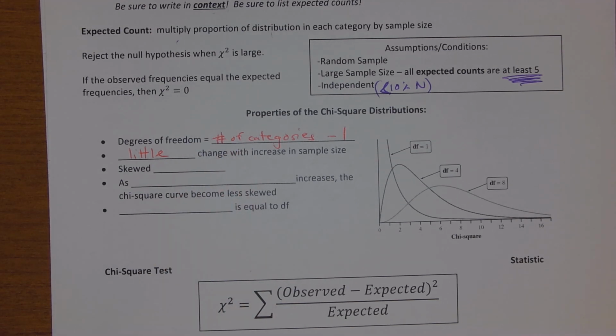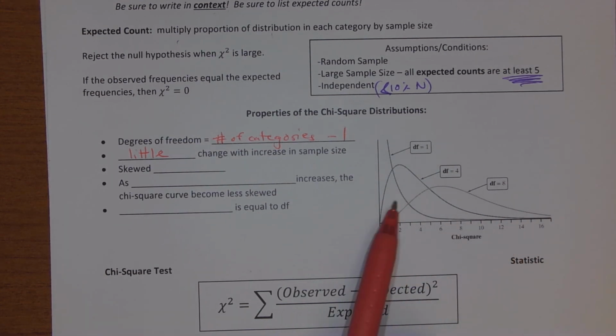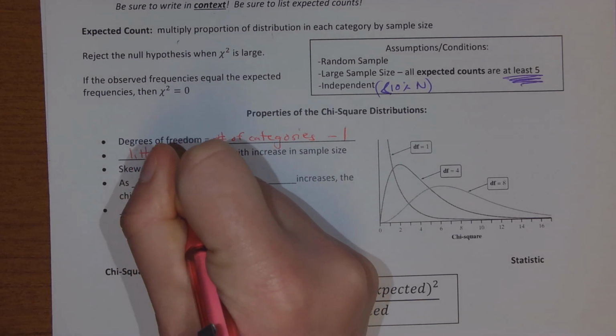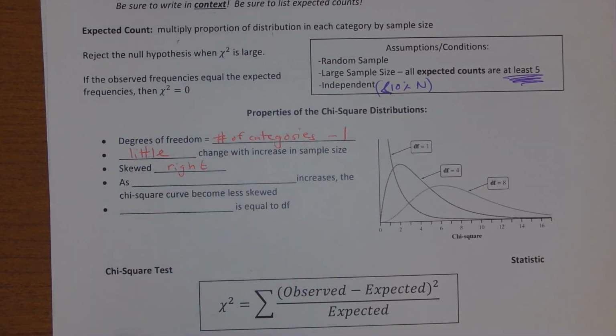The number of categories matters far more than the sample size. Chi-squared distributions are skewed right. They are not normal, and this is really the first sampling distribution we've looked at that we're not shooting for a normal distribution per se.